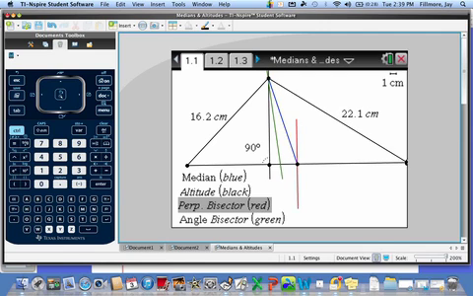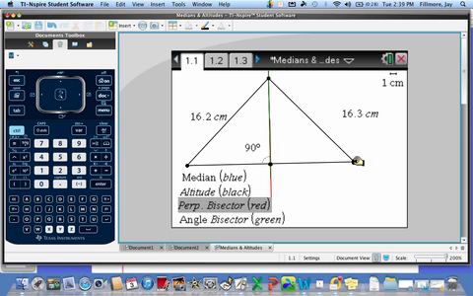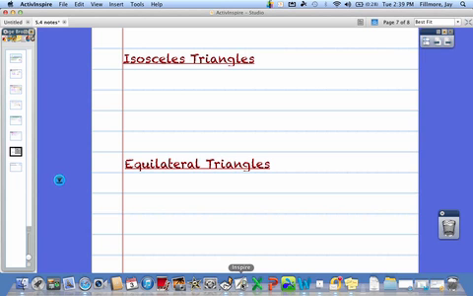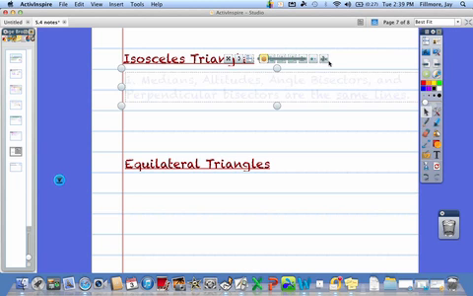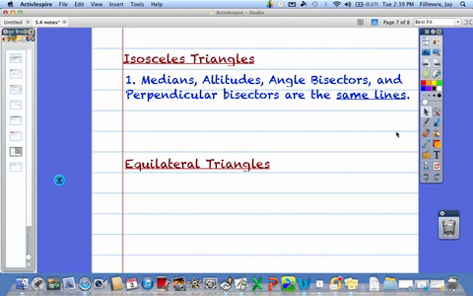They're different properties, but they all happen to be the exact same when you're dealing with an isosceles triangle. So in an isosceles triangle, we know that they are always actually the same segment. They all do the same thing. The median is the altitude, which is the angle bisector, which is the perpendicular bisector.